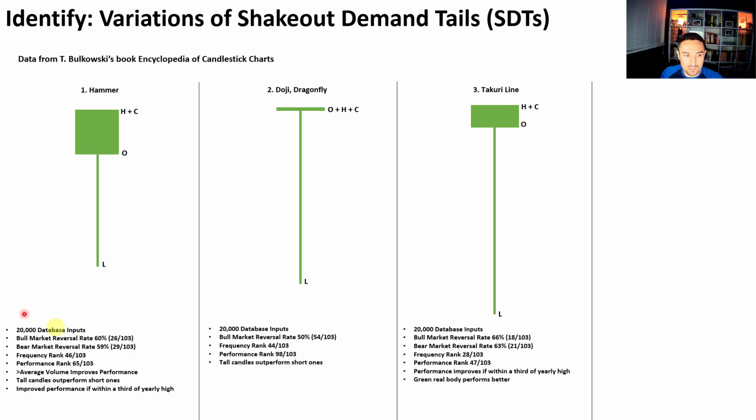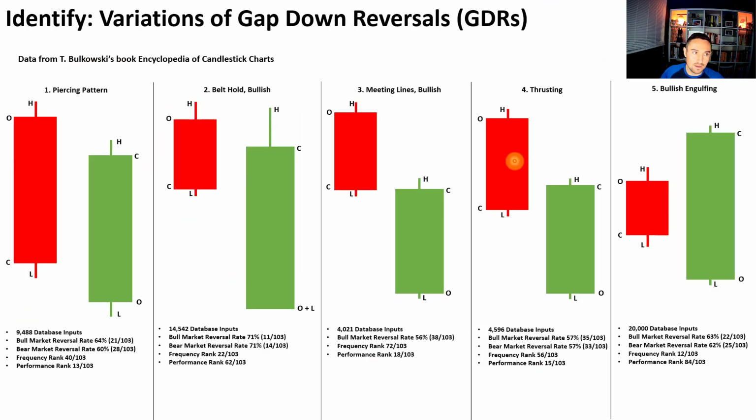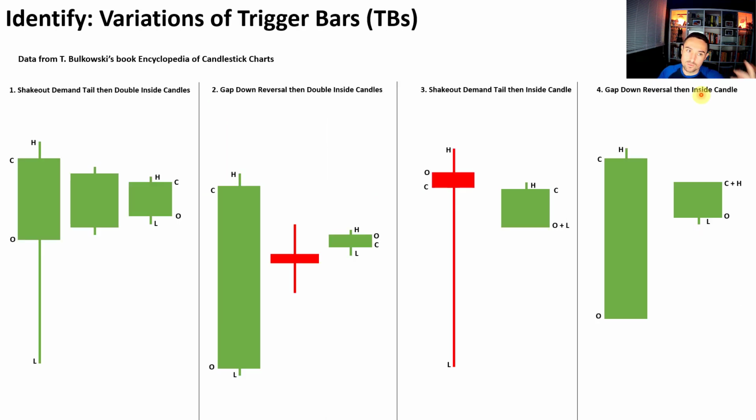So that's variations of shakeout demand tails, which I covered extensively in the blueprint video. It's also gap down reversal bars, so piercing patterns, thrusting patterns, bullish engulfing type candlesticks, but it's occurring in one of those optimal bases, sitting around one or more key moving averages, and the risk has to make sense as well. There's also trigger bars.